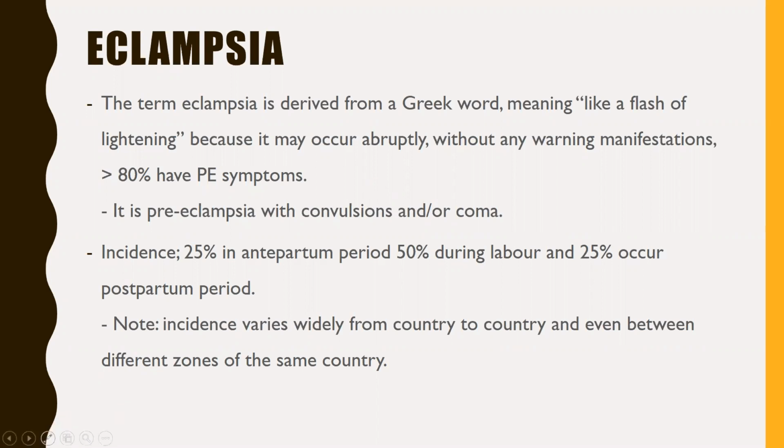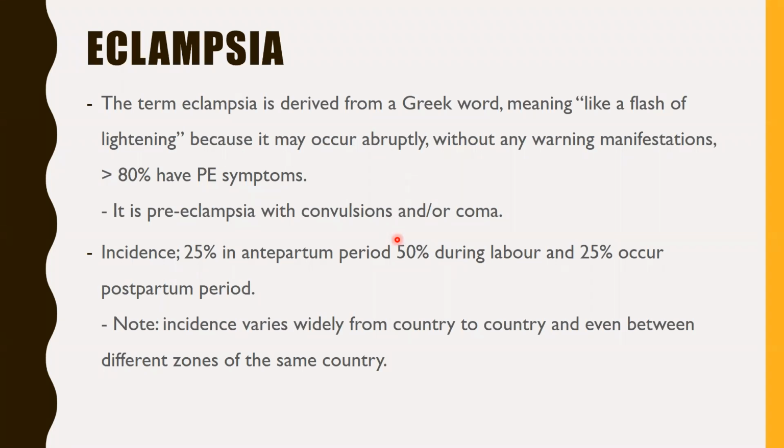So eclampsia is where a patient has preeclampsia with convulsions. The patient has a blood pressure of greater than 140/90 millimeters of mercury, proteinuria greater than 0.3 grams per 24 hours in urine, and also presents with convulsions and a coma, or just convulsions or a coma.